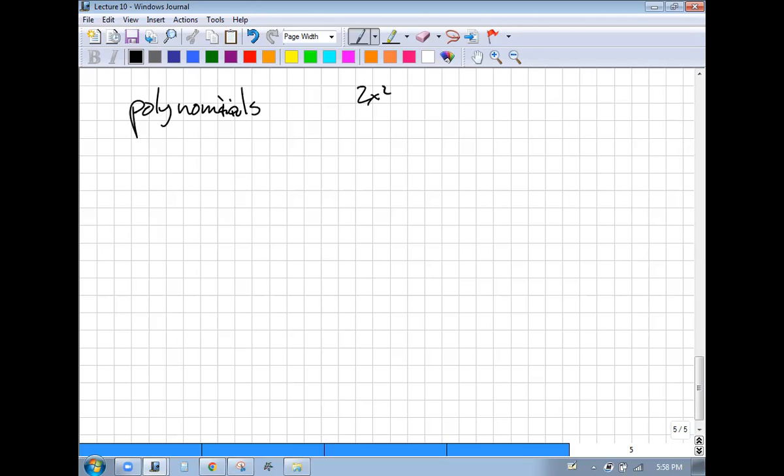2x squared plus 3x plus 1. Here's another one, x to the 4th. Here's one, 3x to the 4th plus 2x minus 3. Right? These are all polynomials.